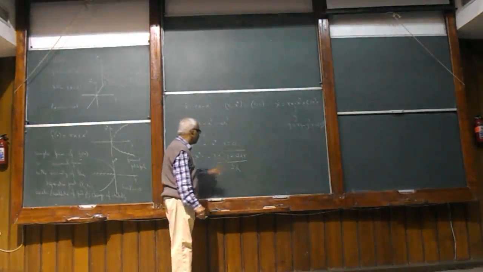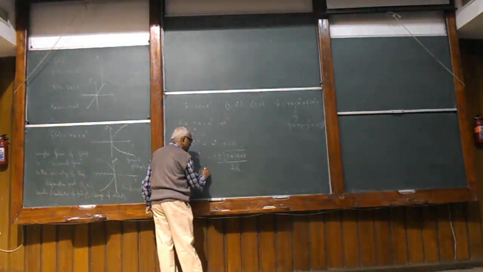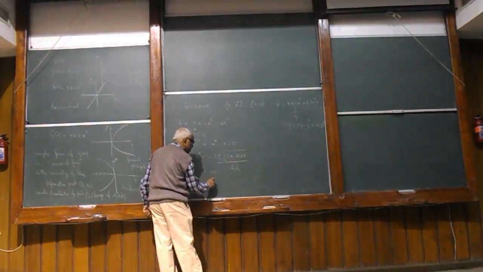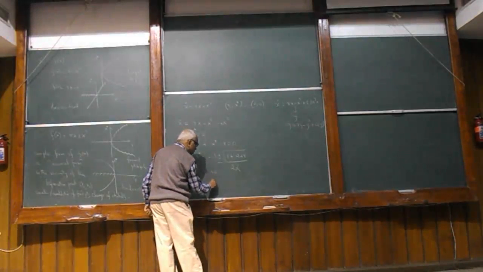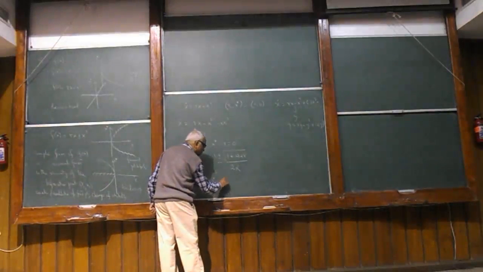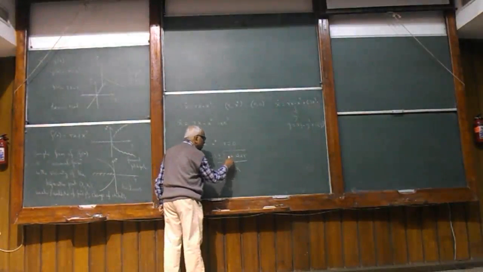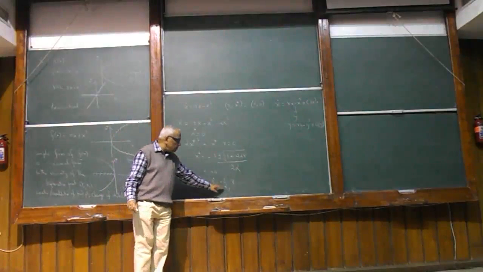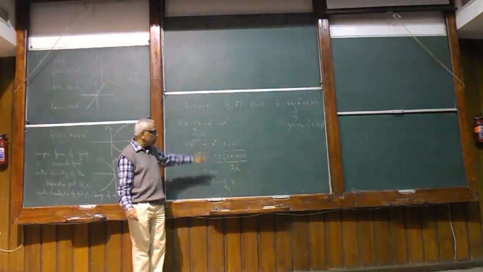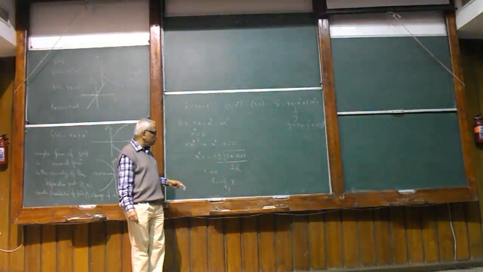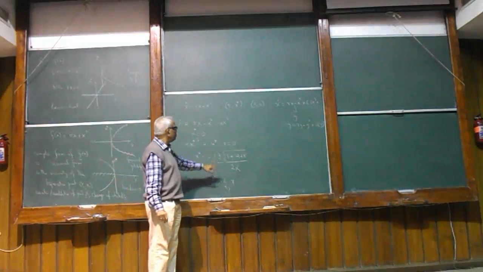So as alpha tends to 0, one of the roots would be minus 1 over alpha, and the other root would be r. So alpha going to 0 is going to push one of the roots off to minus infinity, and the other root would be at r.